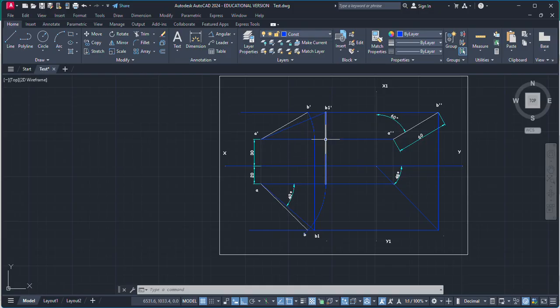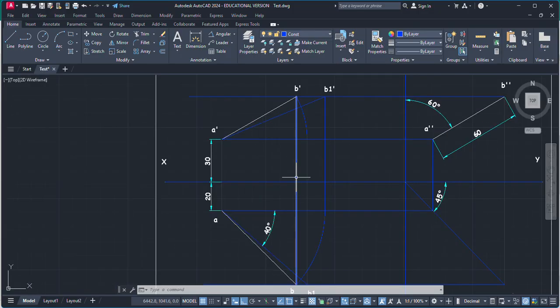Now to check whether it is correct or not, one shortcut has already been used, in which the end effectors lie on the same vertical line. End effectors of front view and top view will lie on the same vertical line. This has been used to find out this apparent line. The next thing we can use to check whether this is correct or not is the length of the true line.